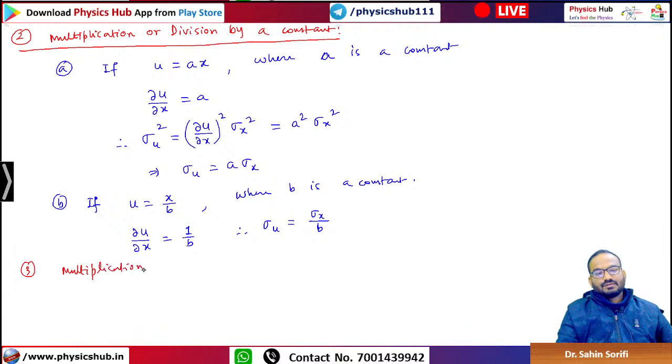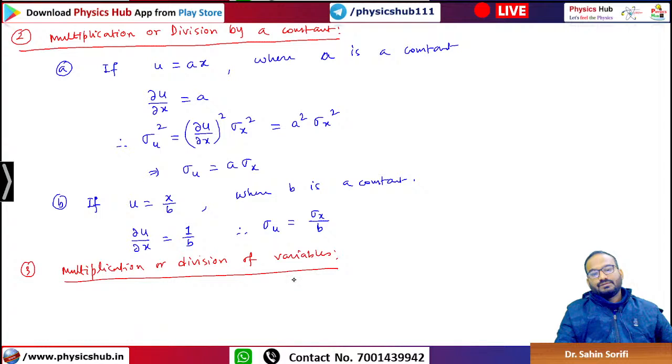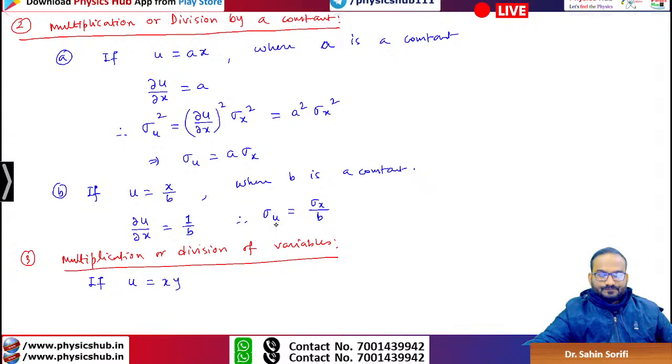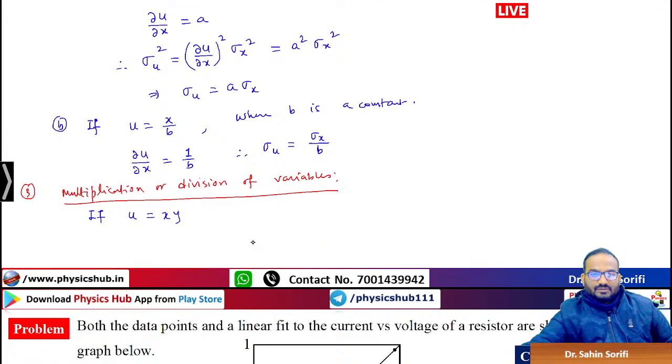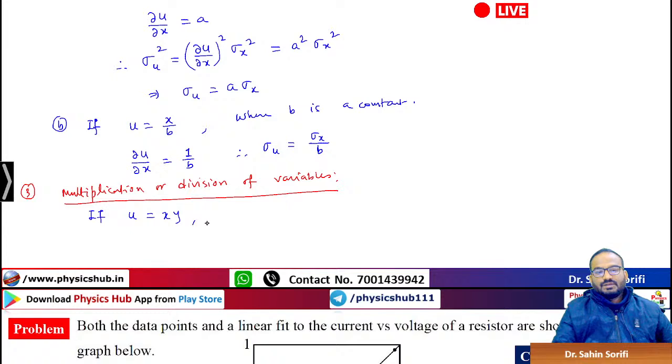Multiplication or division of variables. In that case, what are you going to do? For example, if u is given to you as the product of two variables x and y, you have to calculate individually.